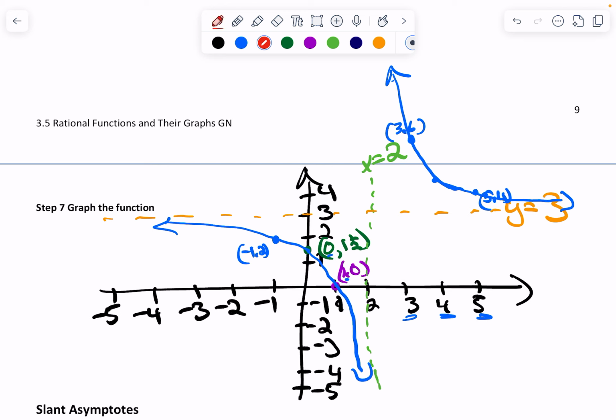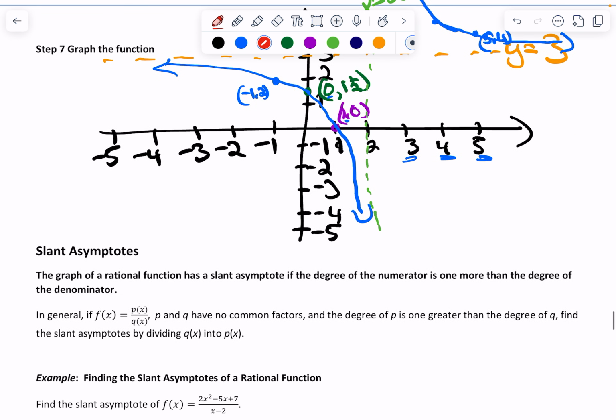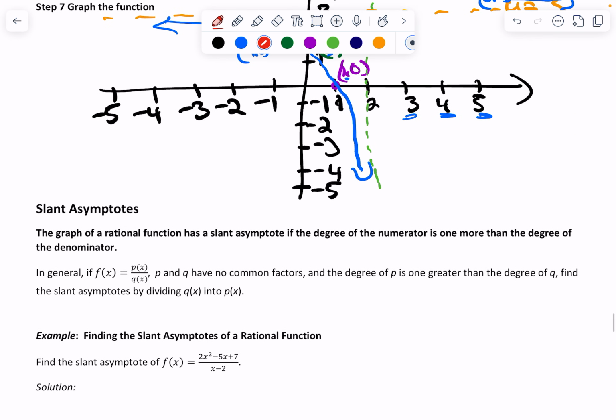Okay, so we talked about the vertical and horizontal asymptotes, and now we're going to look at the slant asymptotes, which I already brought up a little bit. The graph of a rational function has a slant asymptote if the degree of the numerator is 1 more than the degree of the denominator.